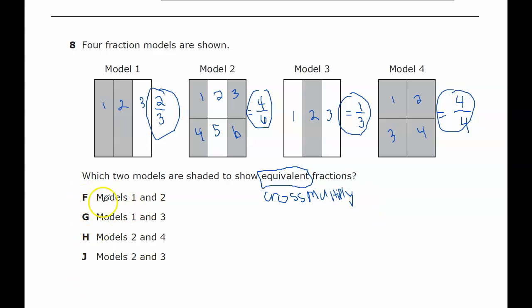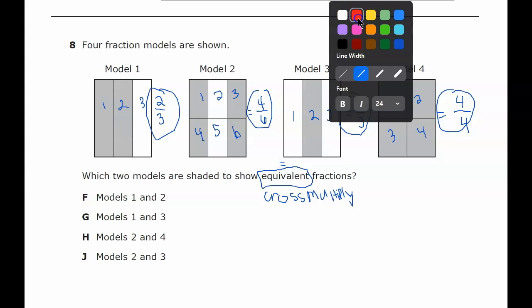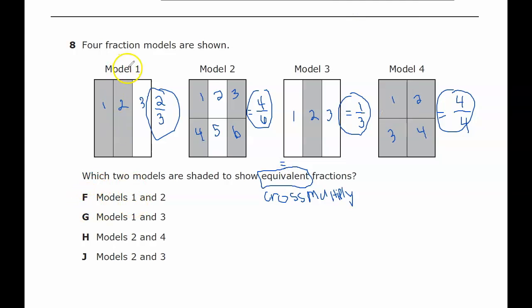Okay, so answer F is asking about models 1 and 2. So we want to find which one is equivalent. So remember that means equal. So models 1 and 2. Models 1 and 2. 2/3 and 4/6.